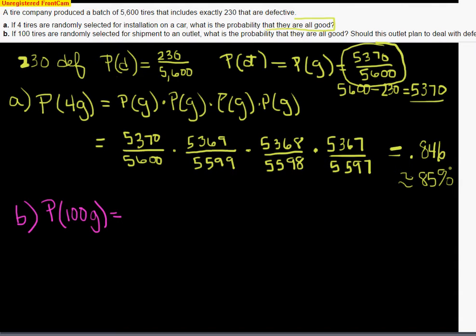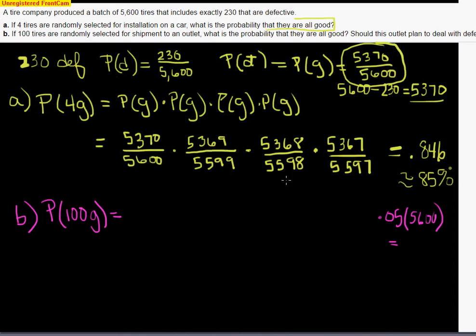However, we have a rule that says if your sample size is no more than 5% of the population, then we can treat the events as independent. So let's see if that meets the criteria here. What is 5% of our population, which is 5,600?